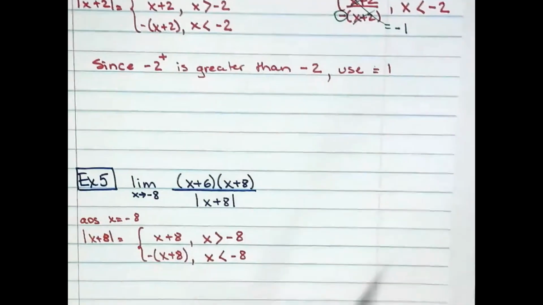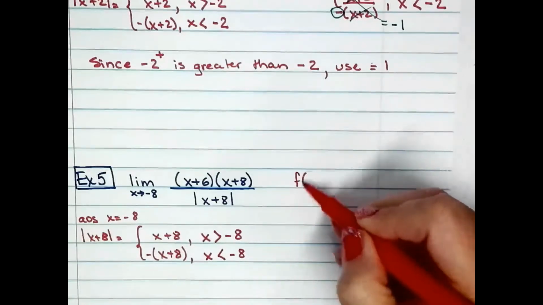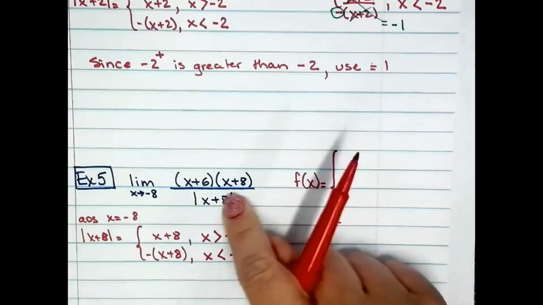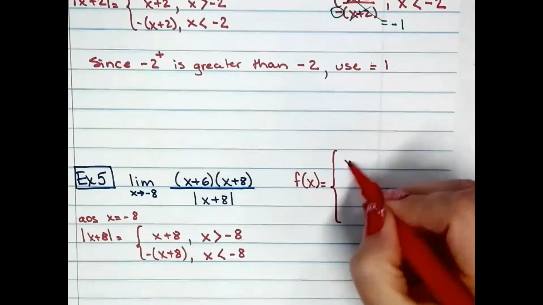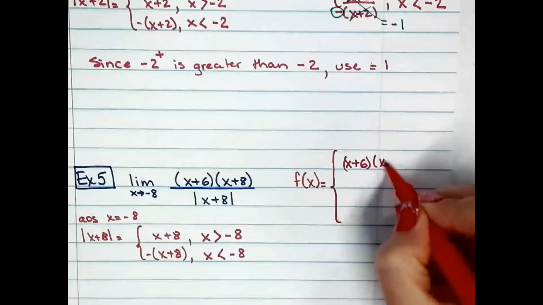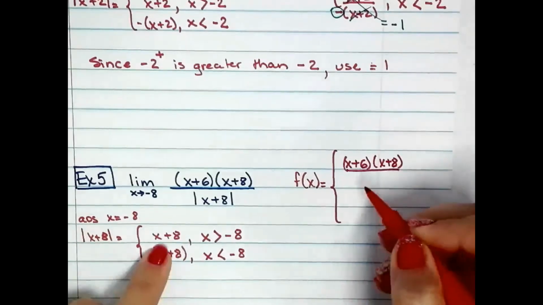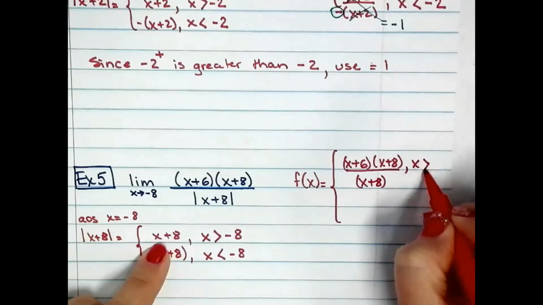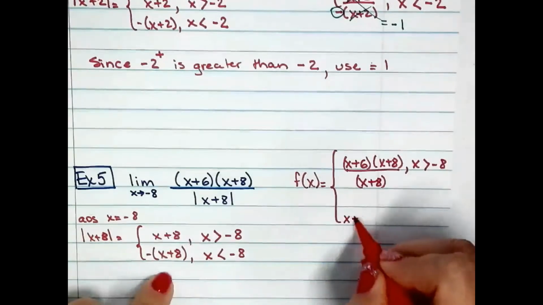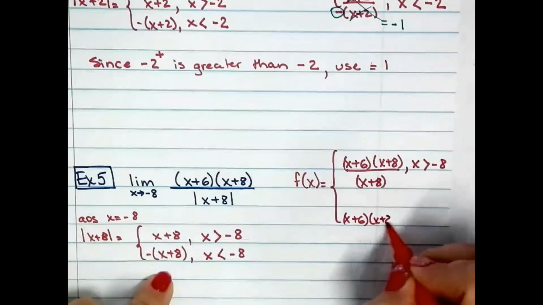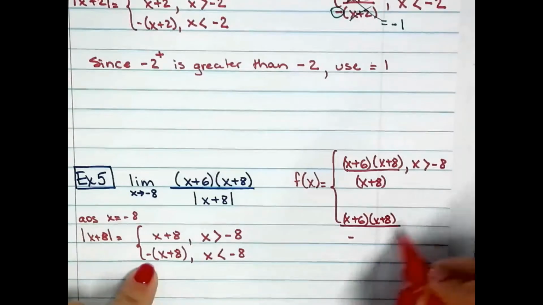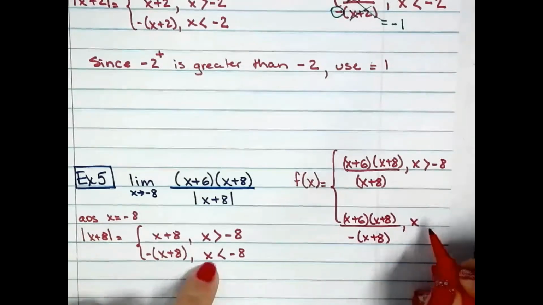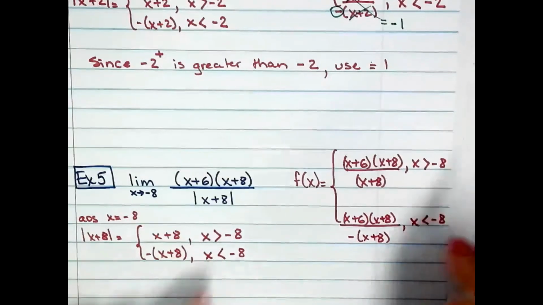Okay, so we will write out the piecewise function right here for the rational function that we have there. So x plus 6 over x plus 8, with the positive x plus 8 in the denominator, as long as x is greater than negative 8, and x plus 6 over, oh, I'm not done, negative x plus 8, under the condition of x being less than negative 8.